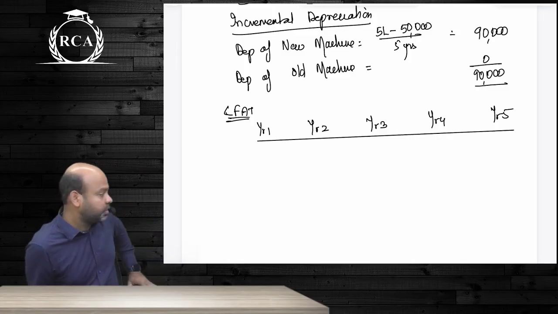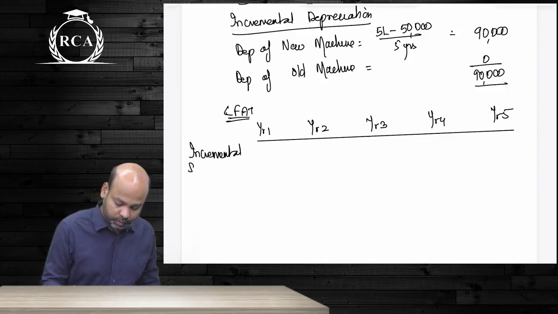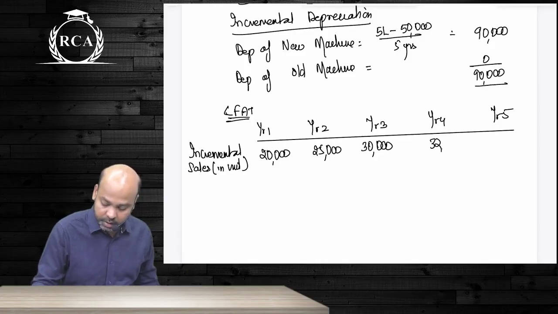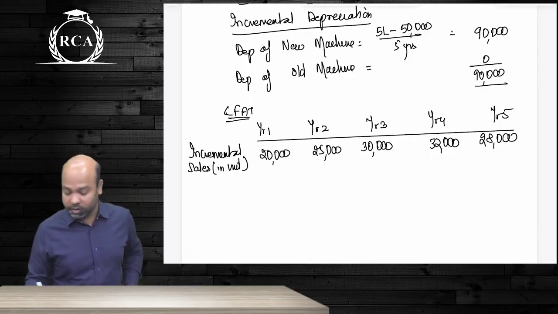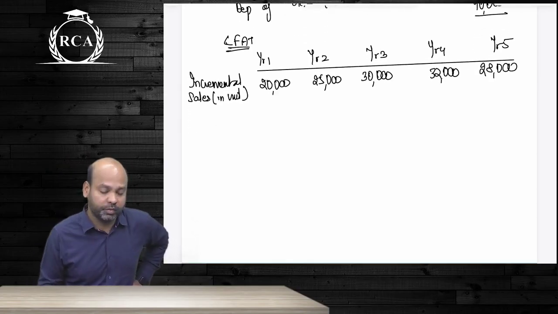Here the job is easier, they've directly given us all the values. Can you tell me what are your incremental sales in units? Incremental sales in units, guys, are 20,000, 25,000, 30,000, 32,000 and 28,000. These are the amount of sales.